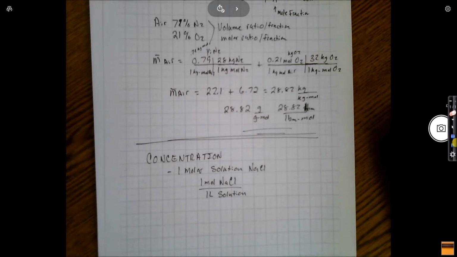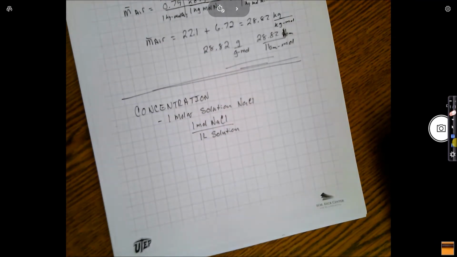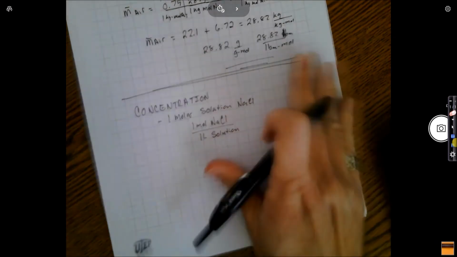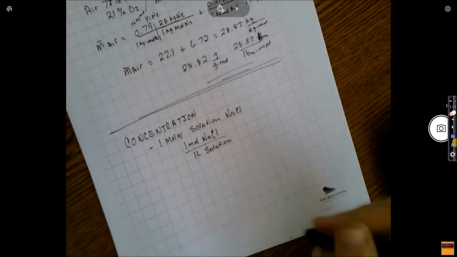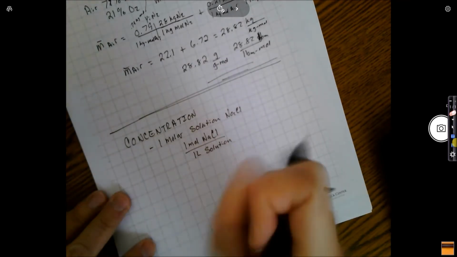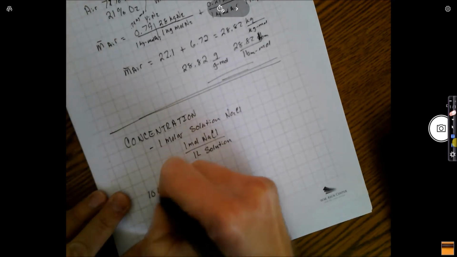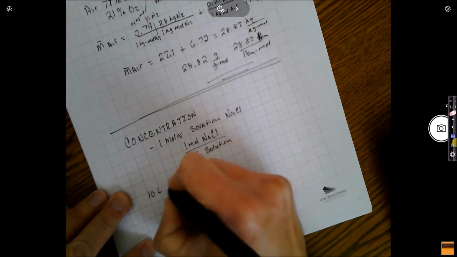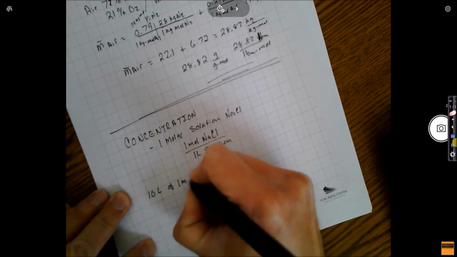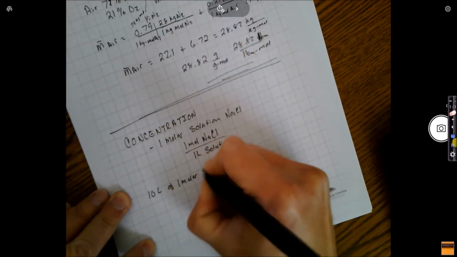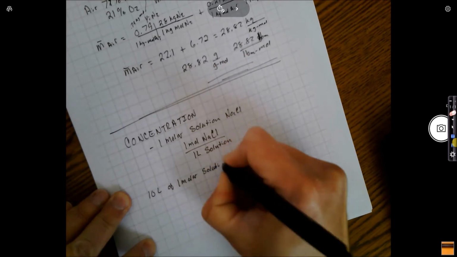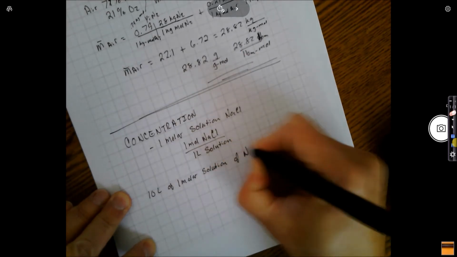We'll do a simple example of this. Let's say we have 10 liters of a 1 molar solution of NaCl.